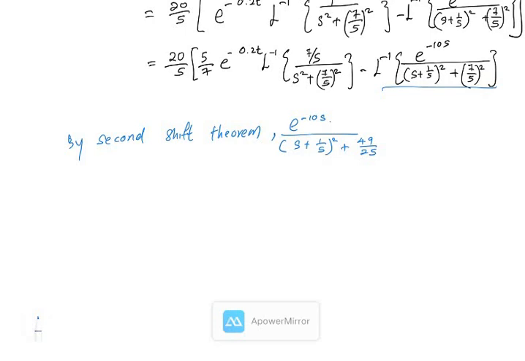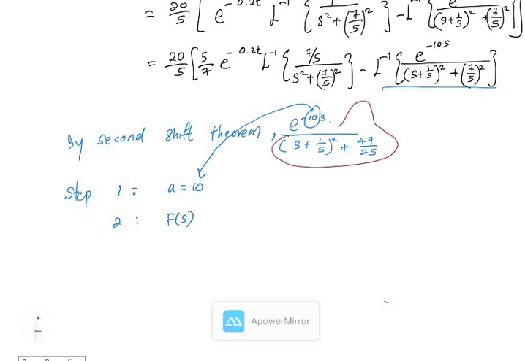So the first step is to find the a. Step 1: a equals 10, which is from this value here. And then step 2 is to find F(s). So this part will be F(s).